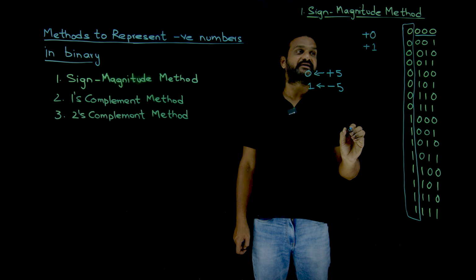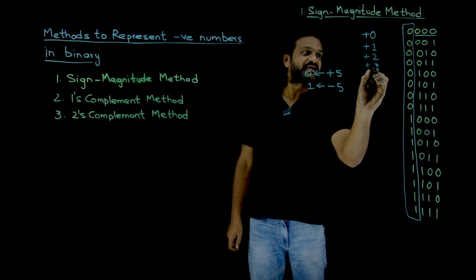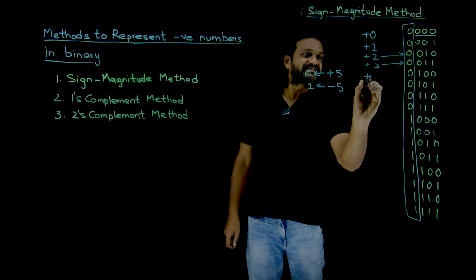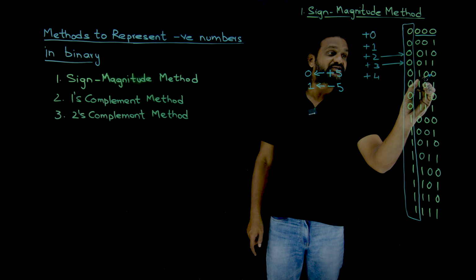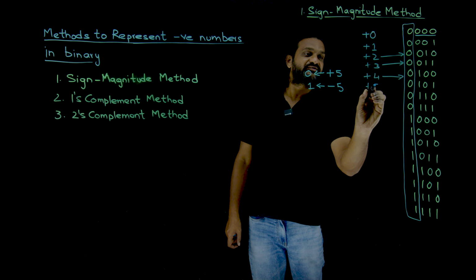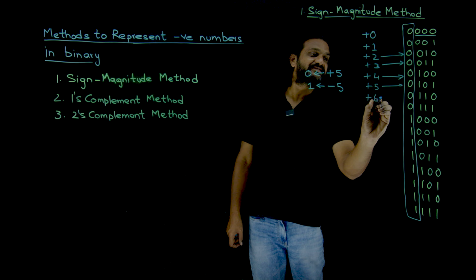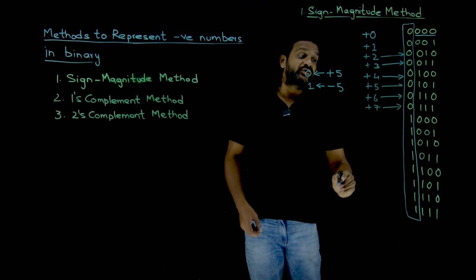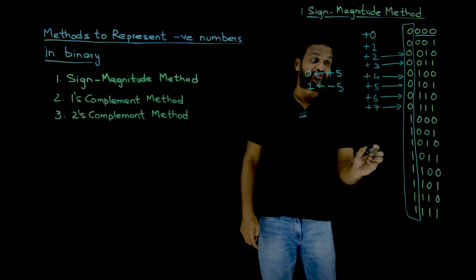Then this is plus 2, and this is plus 3. The next number is plus 4; if you remember the binary representations, 100 is used for 4. Then plus 5, plus 6, and plus 7. This is how the sign magnitude method works.